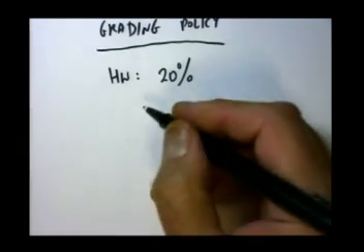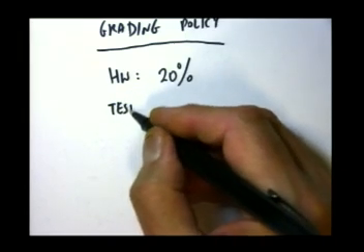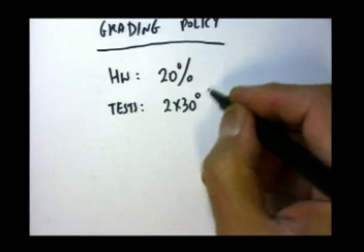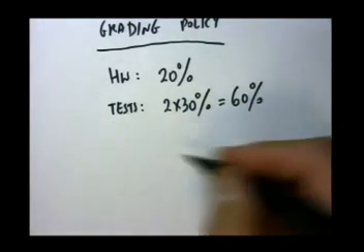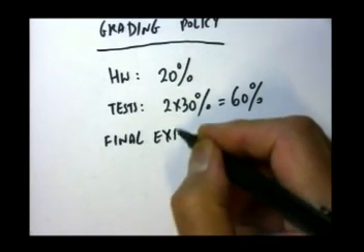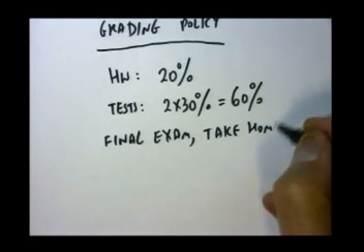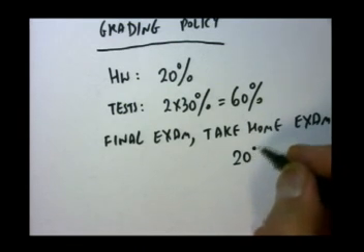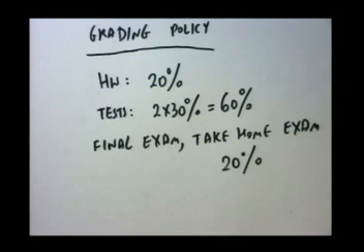Then there will be 2 tests, 2 times 30% of the grade, which makes 60% total. And the final exam will be a take-home exam, and that is 20% of the grade. So that is how we are planning to proceed.